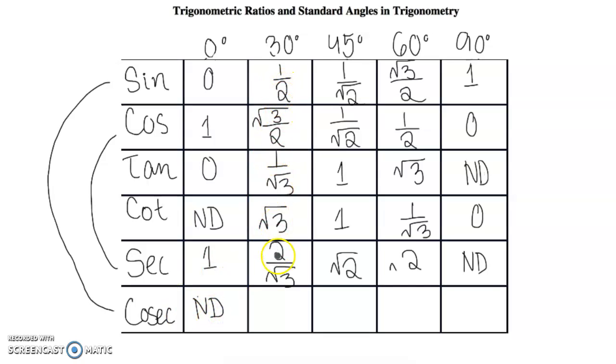Cosec 30 theta is equal to 2. Cosec 45 theta is equal to root 2. Cosec 60 theta is equal to 2 over root 3. And finally, cosec 90 theta is equal to 1.